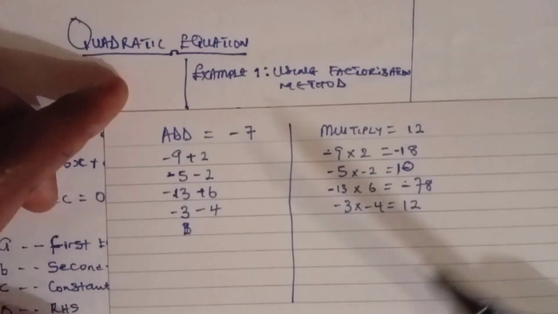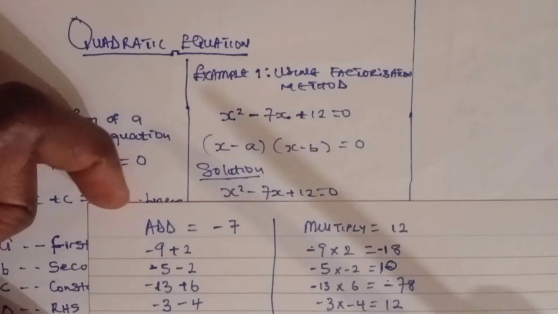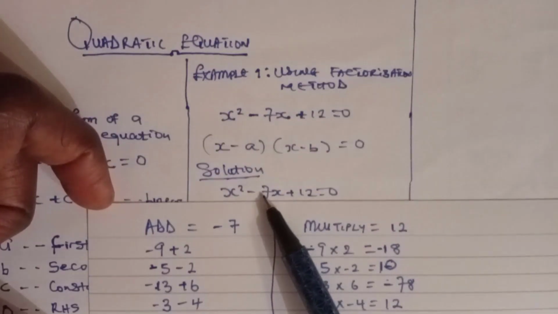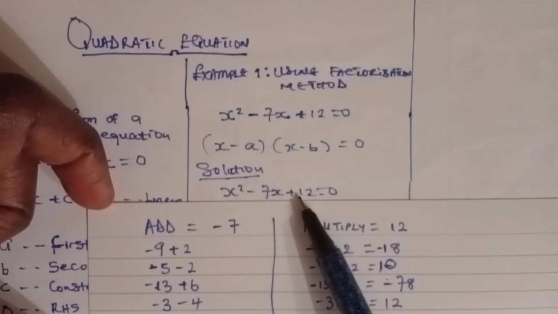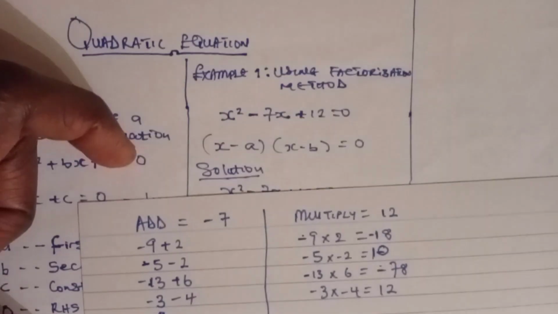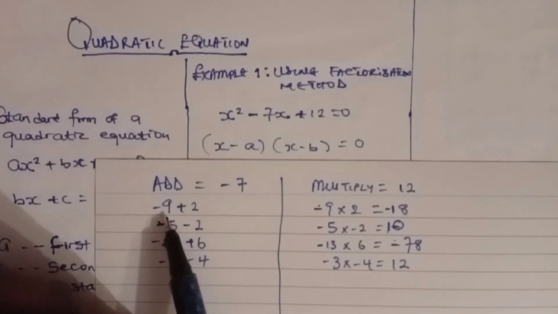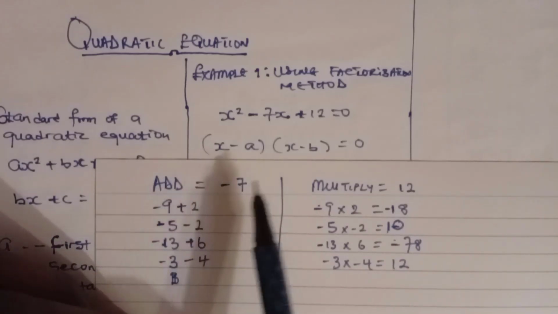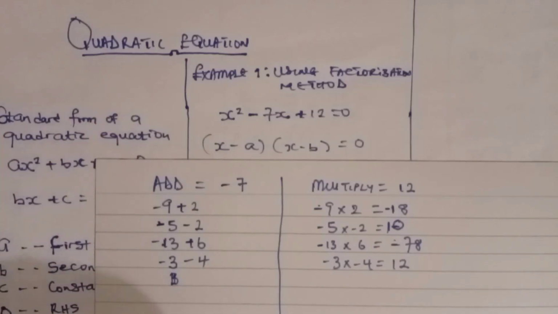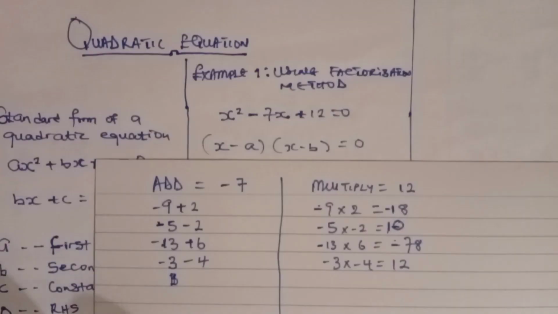So we're thinking about -7 and 12. We're thinking of two numbers that we add to give us -7, and multiply to give us 12. So here are some numbers that I actually suggested just so you can see how you think. -9 plus 2 is going to give us -7, but when you multiply, it's going to give you -18.